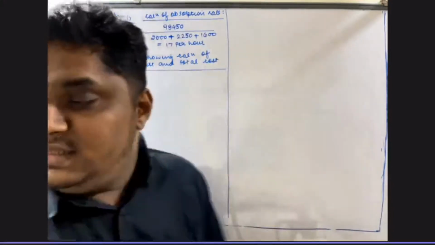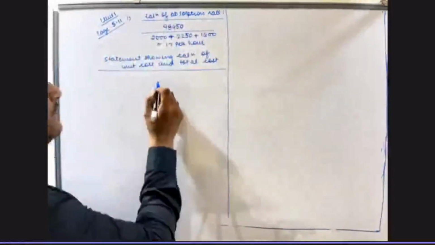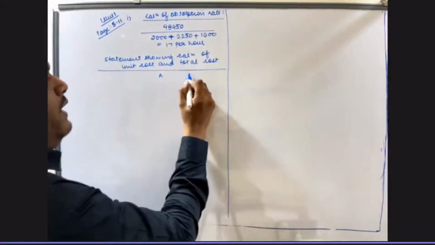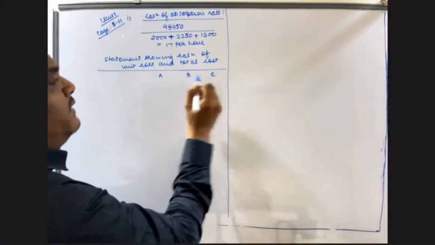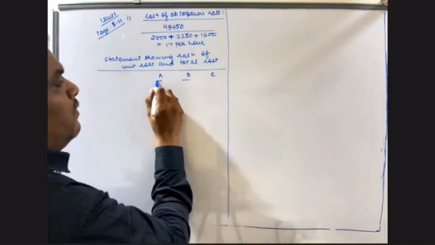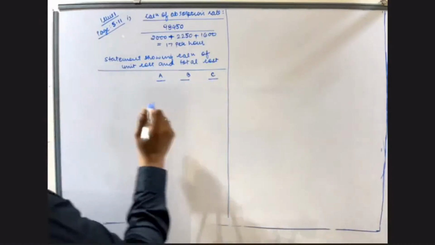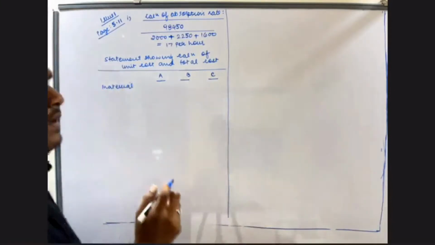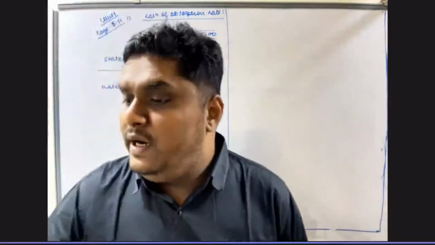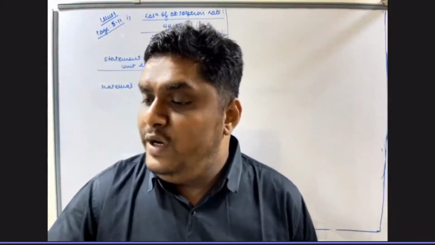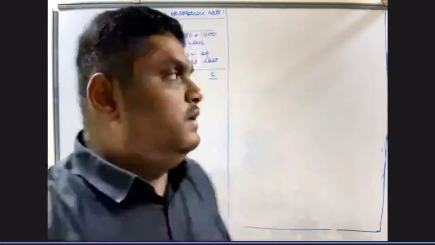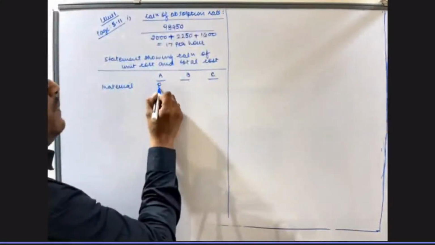There are three products, that is product A, B, and C. When talking about material cost, it is given in the question that every product requires 4 kgs of raw material. That is, product A requires 4 kg of raw material, and the material cost is rupees 2 per kg. So the total material cost will be rupees 8.